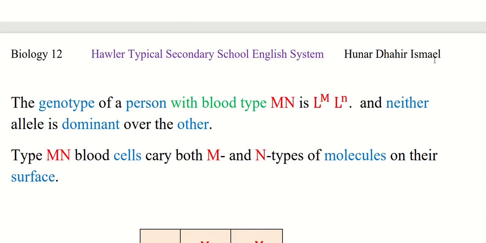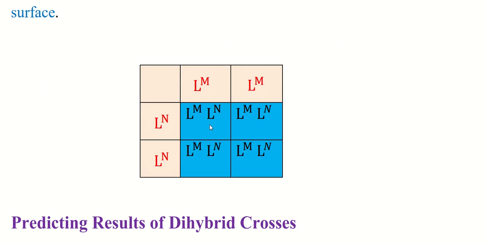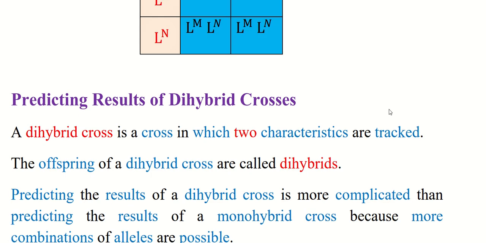So the genotype of a person with blood type MN is LM LN, and neither allele is dominant over the other. Type MN blood cells carry both M and N type molecules on their surface. So when LM is crossed with LN, both of the molecules appear, so this is codominance.